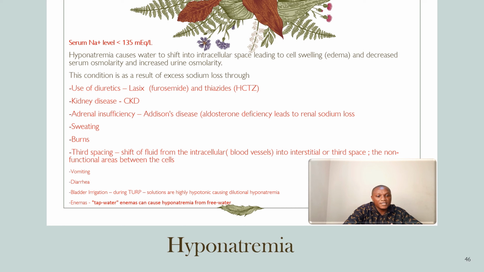When you have kidney disease, adrenal insufficiency, for example in Addison's disease, aldosterone deficiency leads to renal sodium loss. Sweating can also lead to hyponatremia. You lose a lot of sodium through sweating.